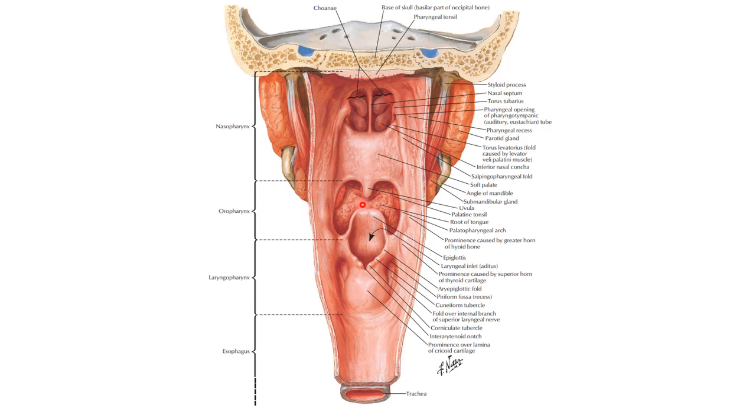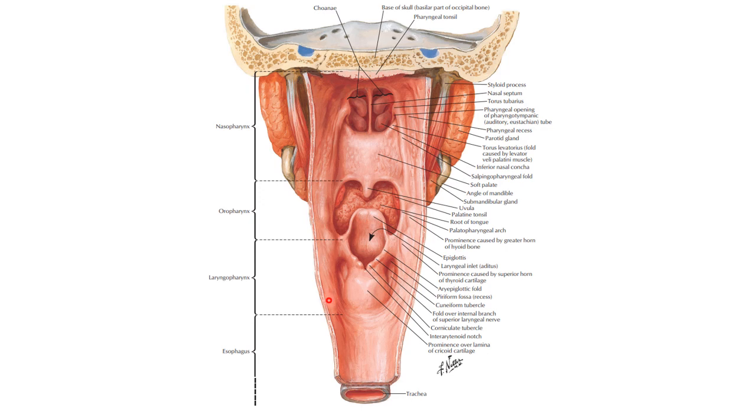The base of the tongue or the root of the tongue, where it indents into the epiglottis. This region right here would be the piriform fossa. And this portion right here would be the most common site of food or foreign body obstruction in the throat.